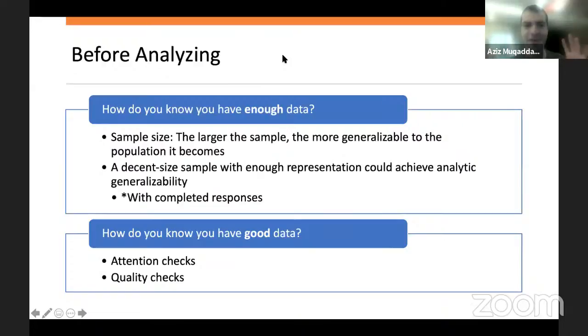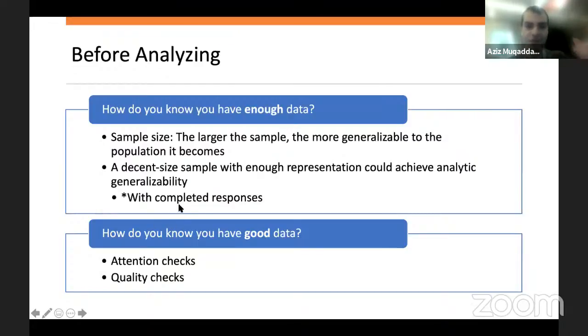You know what I mean? The idea is that there is a general trend or relationship or a theory being observed, and regardless of the proportionality, the general trend should stand across different samples. That's the importance of the sample size with completed responses.